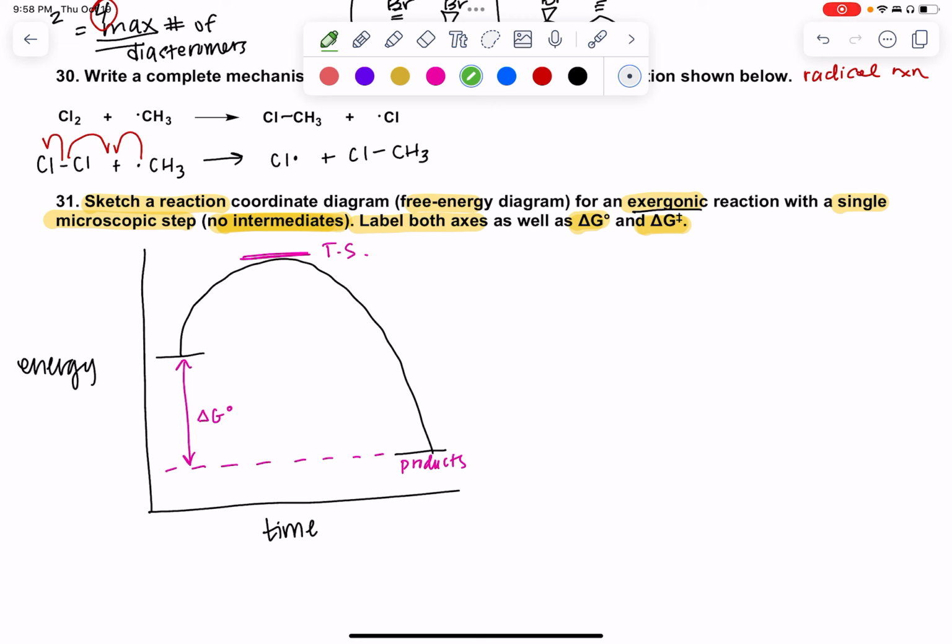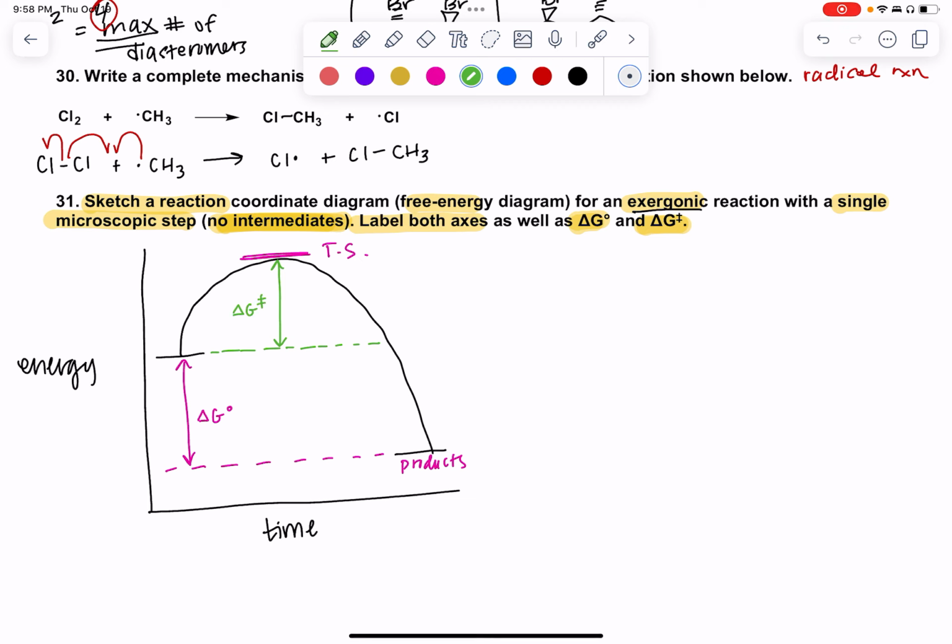It's how much energy our reactants needed to overcome to get the reaction started. So that's going to happen at that transition state to the reactants. And that's our delta G double dagger.